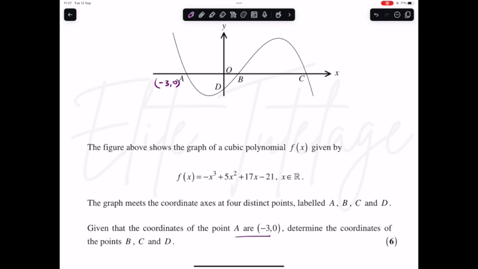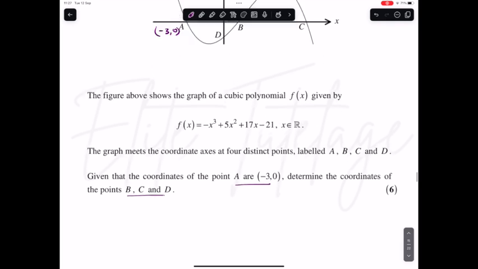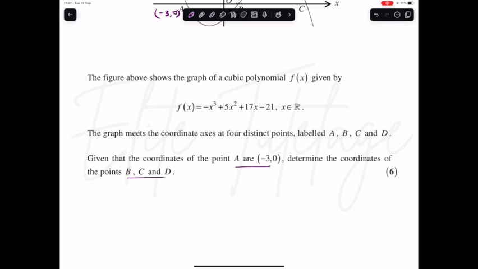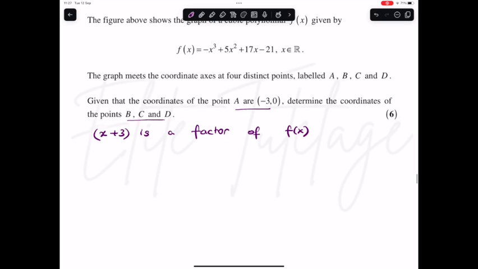So now here I need to figure out the coordinates of B, C, and D. Now because I'm given one of the roots, that means that x plus 3 is a factor of f(x). Now that really helps me because I can go ahead and set up a long division and simply figure out what are my other roots.